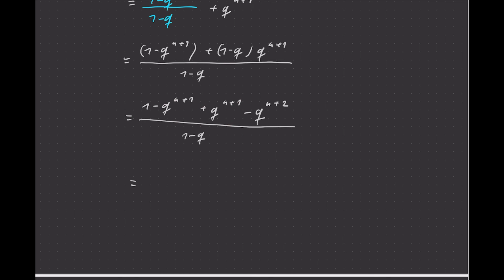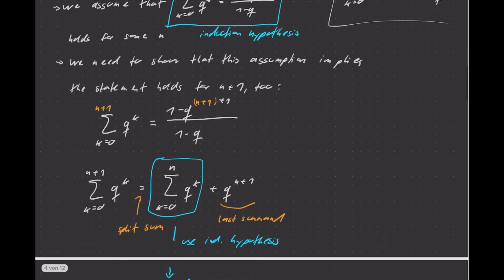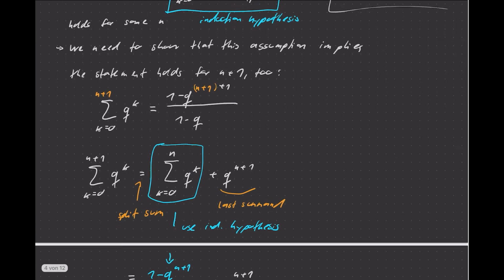So we are left with 1 minus q to the n plus 2. And that is actually the same as q to the n plus 1 plus 1 over 1 minus q. If you look back a little, this part here is exactly the right-hand side that we wanted.